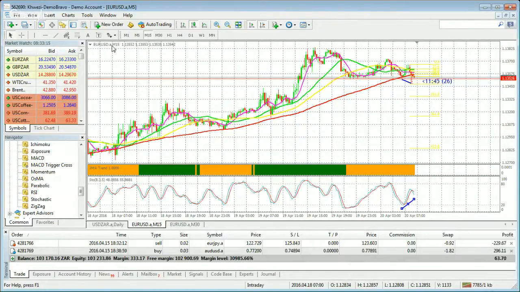Starting to point down here. We could be getting a nice setup for a bounce actually.